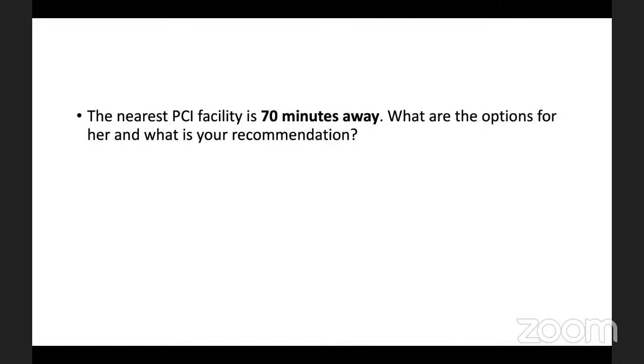If I tell you from the ambulance till the PCI facility it is 70 minutes till you reach the cath lab, to the balloon 70 minutes, would you send this patient to a PCI facility, or are you going to do fibrinolysis? 70 minutes is less than 90 minutes, so PCI. Okay. How about if more than 120 minutes? Then fibrinolytic therapy, like alteplase.